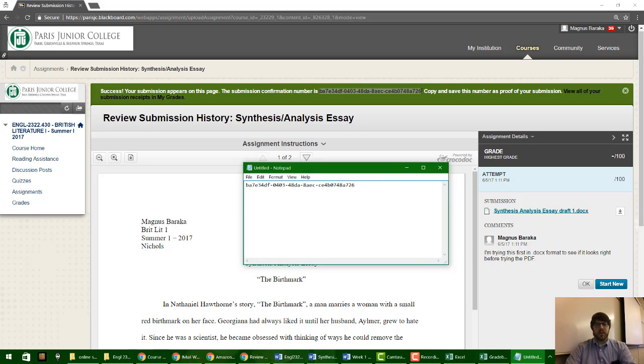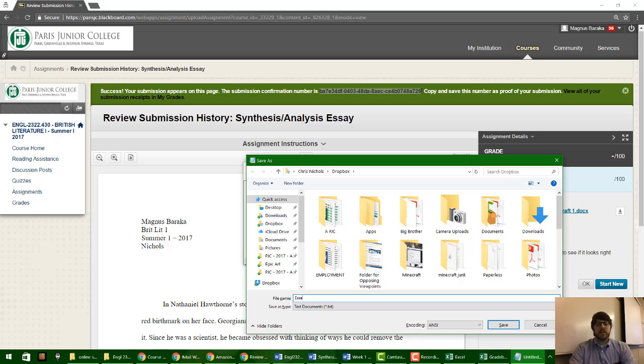Paste this confirmation code, and I'll call this Synthesis Analysis Essay Draft 1, Attempt 1. Submission confirmation number. And I'll hit enter and just have that below. And then if I have any more in the future, I can do that.